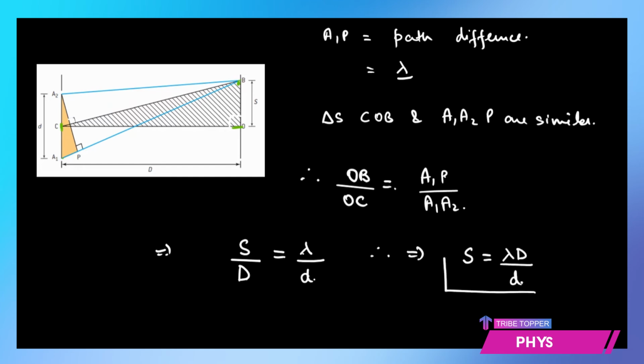This relationship is very important. The separation between two consecutive bright fringes is equal to lambda times the distance between the slits and the screen upon the distance between the slits. So when we know all these three, we can find the separation between the fringes.